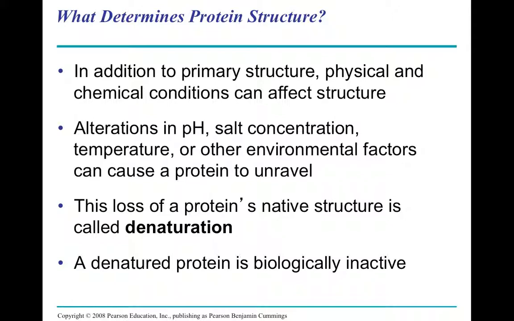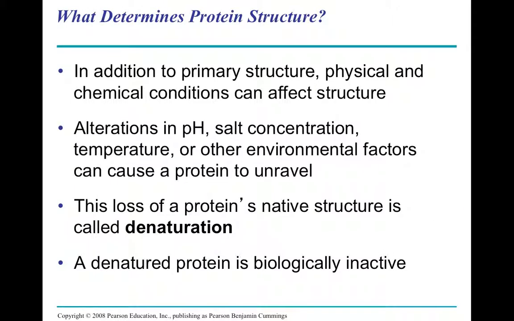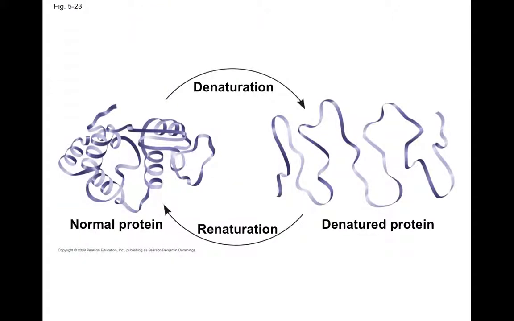So the loss of a protein's native structure, or the way it's supposed to fold, is called denaturation. And a denatured protein is biologically inactive, so it won't work. So here's a normal protein. You can denature it for a number of reasons. So like we said, pH, salt concentration, temperature, things like that. Denature, and then you have an unraveled denatured protein that's not going to be the same.